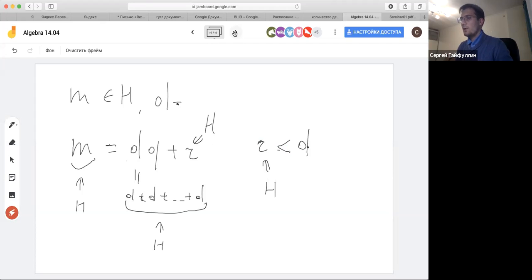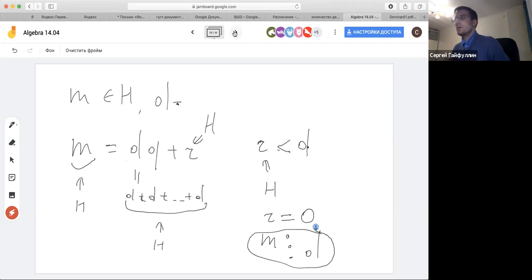The only way to have no contradiction is if R equals 0. So M is divisible by D. We proved that M is divisible by D.